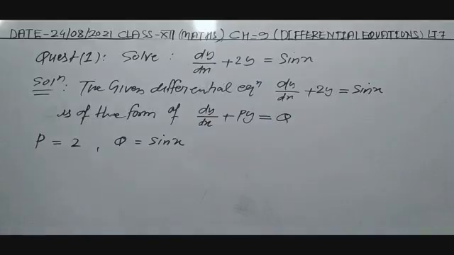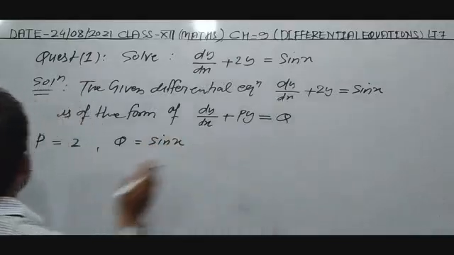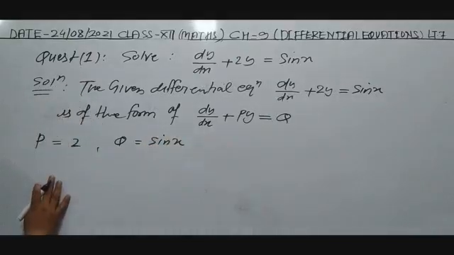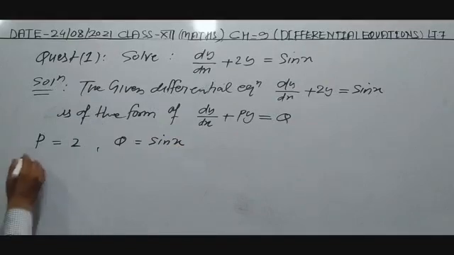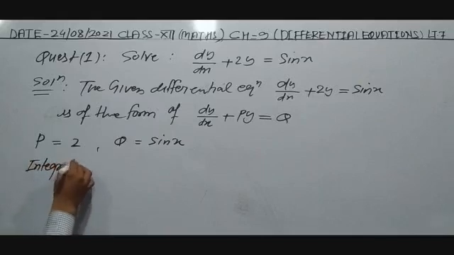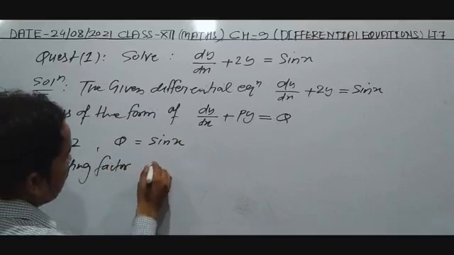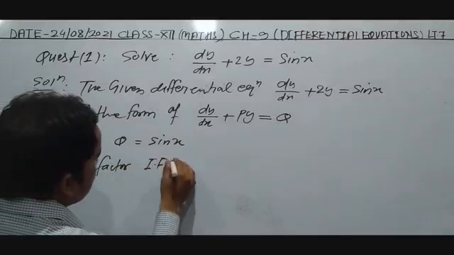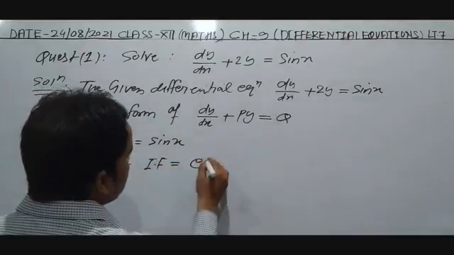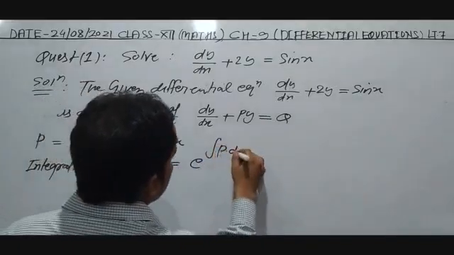Now you have got the two values p and q. In the second step, for this differential equation we have to find the special factor, that is the integrating factor. Integrating factor IF is equal to e to the power integration of p dx.